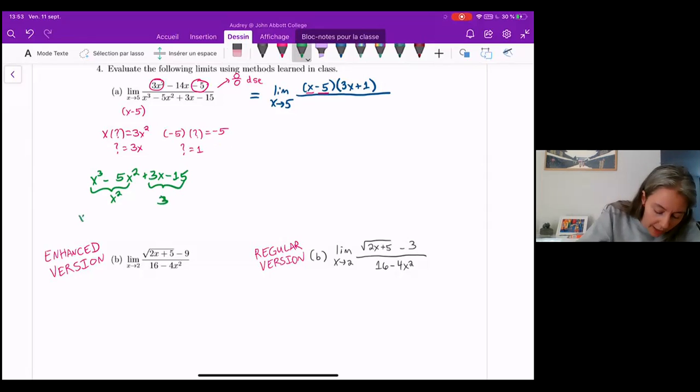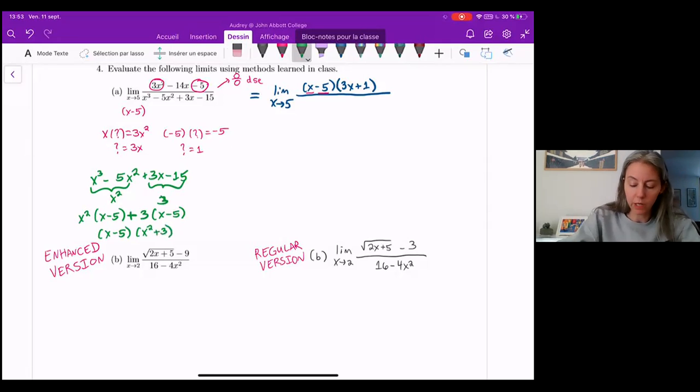When I factor out the x squared, I have x minus 5 left. Then I have plus, not just a 3. The 3 comes after a plus sign. What's left over is x minus 5. Now I can factor that x minus 5 out and have x squared plus 3 left. So that is my new denominator, (x minus 5)(x squared plus 3).